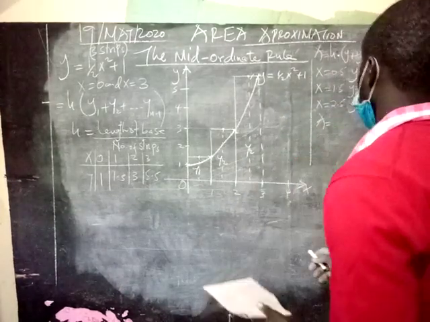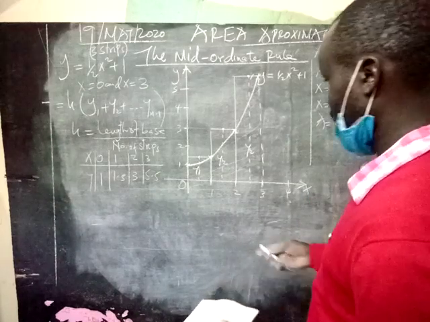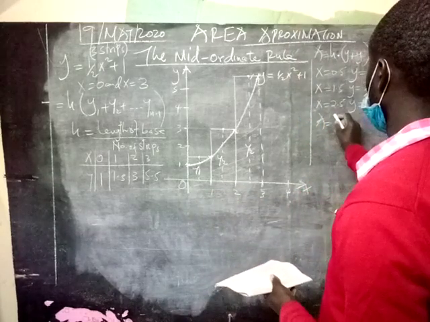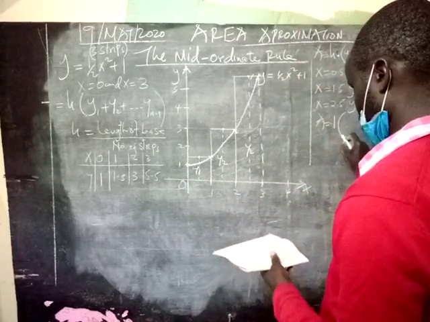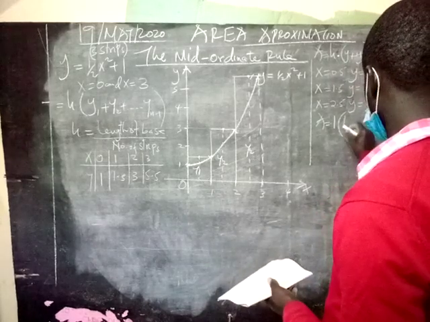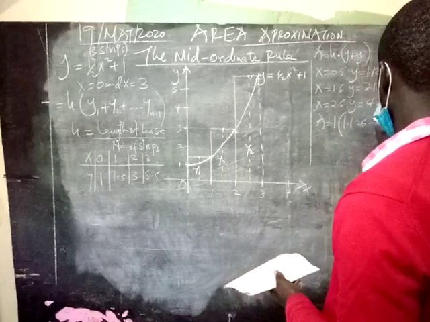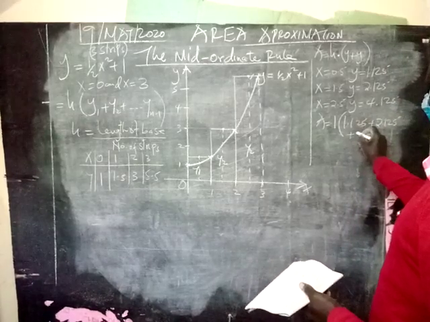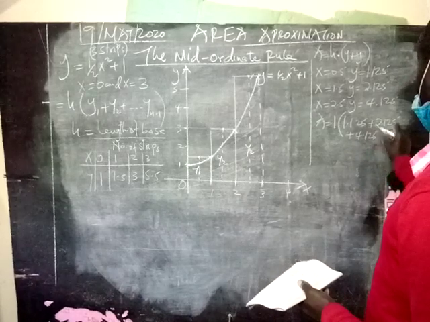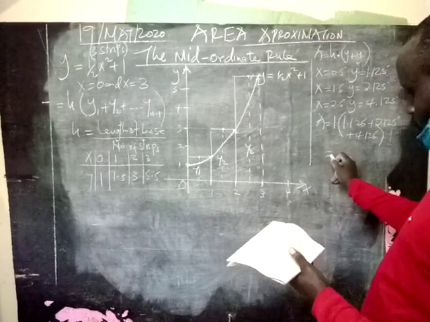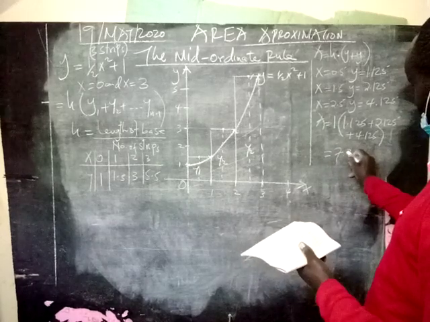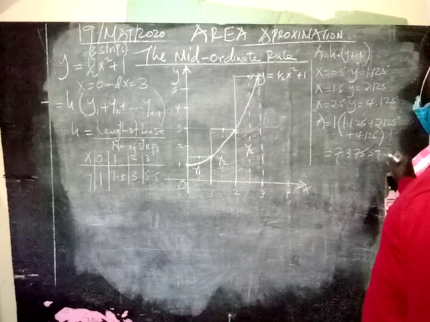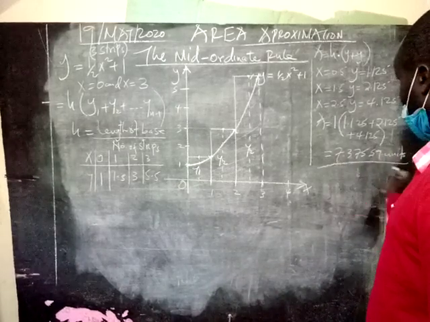So our area for this case is going to be height, and our height is 1. So it's going to be 1 times the sum of all these: 1.125 plus 2.125 plus 4.125 to give us 7.375 square units.